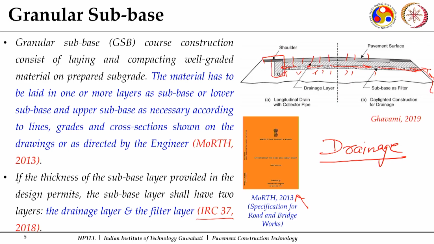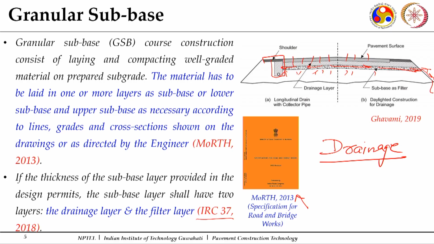Specially designed means the gradation which is to be selected, and the construction which is to be done, should be in such a manner that it allows the water to move through it, and then it gets collected in the side drains, and you have these pipes which are going to take it to the nearby culverts or other water outlet facilities. Now, when this is to be there, this is to be an open gradation.